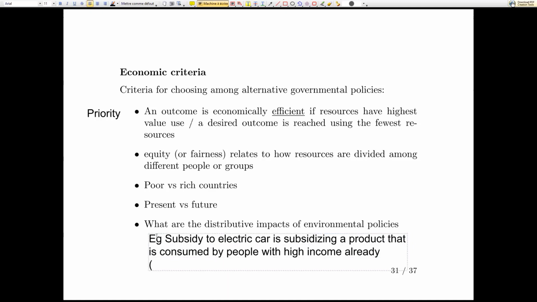So you could see it's regressive. Quebec does not subsidize luxury electric cars, but still an electric car isn't a cheap car.